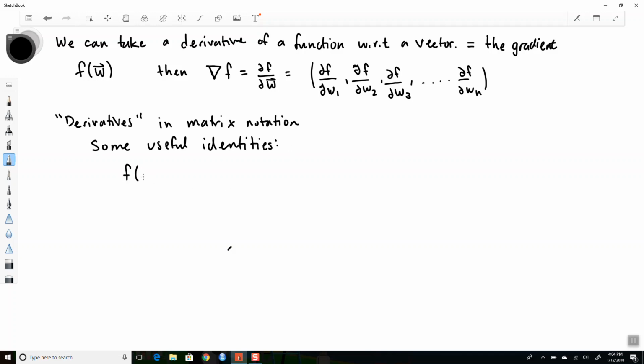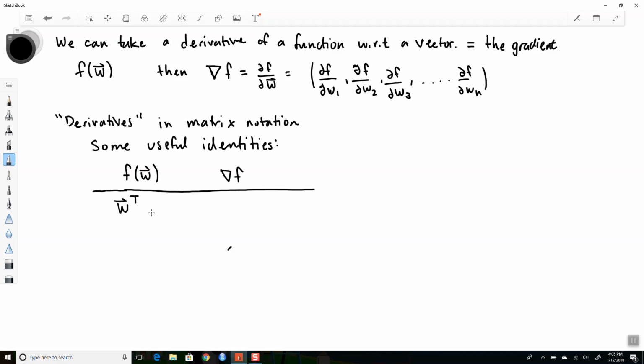If we have a function, then the corresponding gradient would be something like this.